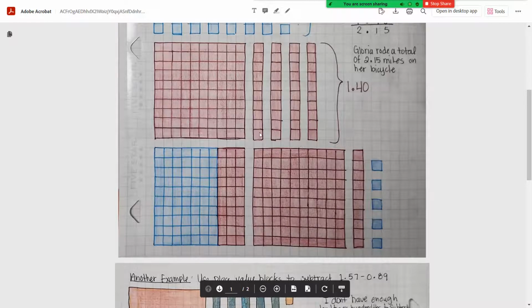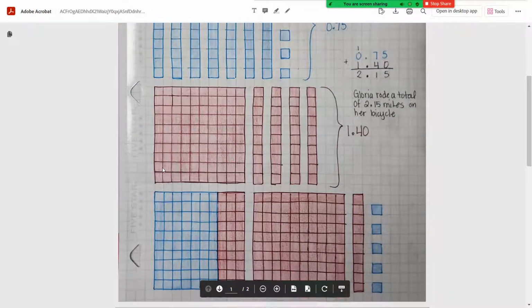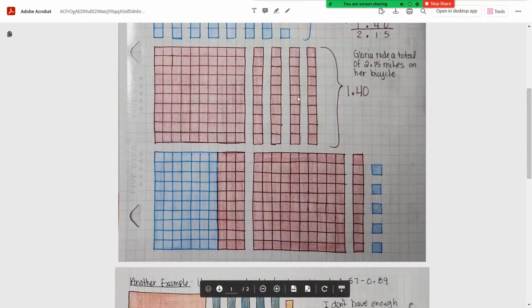Now, since I'd only taken 3 of the 10 rods, I'm still going to have 1 left over because there were 4 altogether, plus the 5 individual ones. So my 75 hundredths, the 70 plus 30 from the 10 rods in her afternoon made 1 mile, plus the other mile that she had already ridden in the afternoon, plus that 1 remaining 10 rod and the 5 ones.